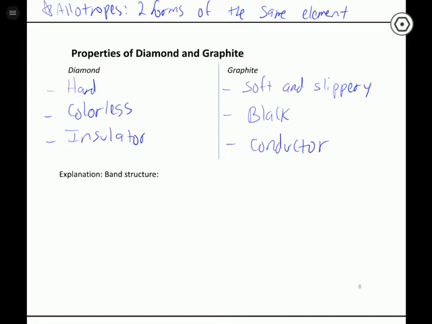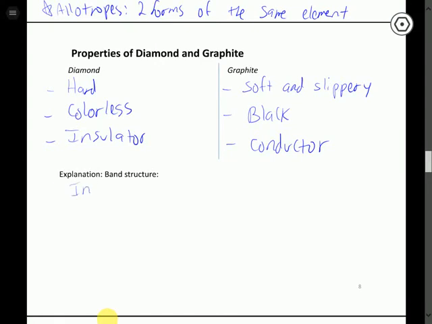Remember, one of our favorite topics from Chapter 4 was molecular orbital theory, where when you form bonds between atoms, you have molecular orbitals that are bonding and anti-bonding. Well, in network solids, which are formed by covalent bonds, you have the same story. You're forming molecular orbitals. They extend in all directions and infinitely because it's an infinite structure. But we can draw very simple diagrams to describe this.